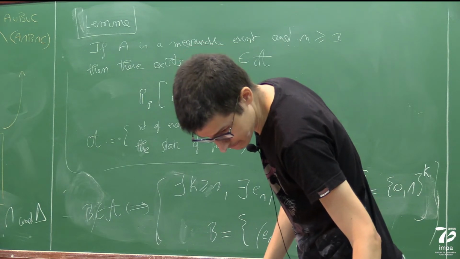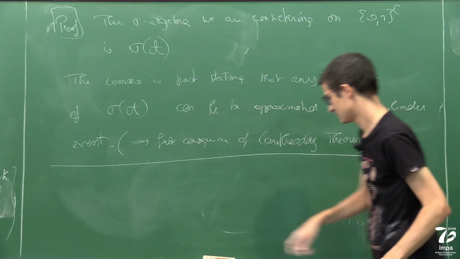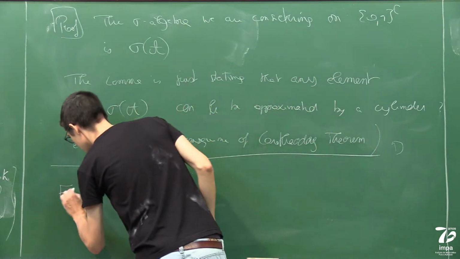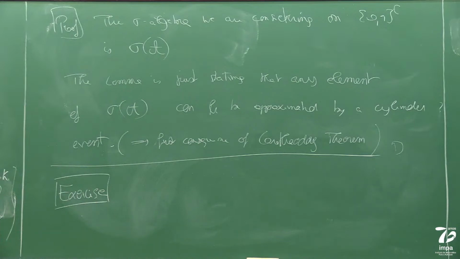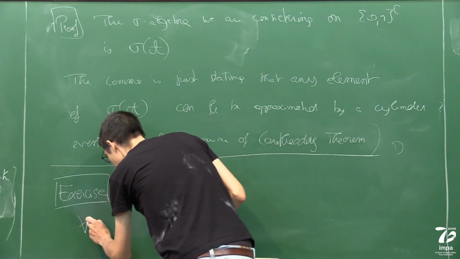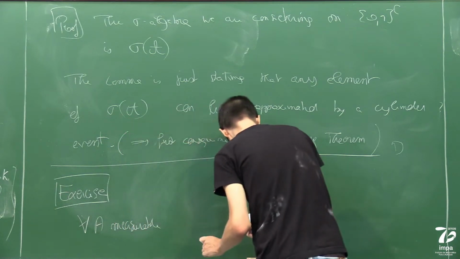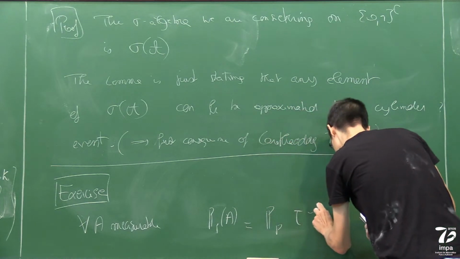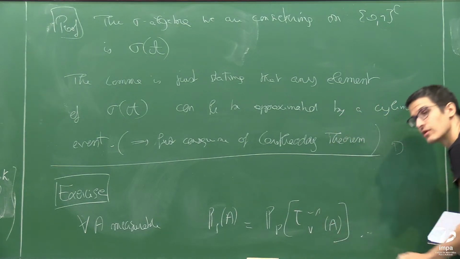So, okay, now comes an exercise, which proves the result that we have used several times until now: for all A measurable, we have PP of A is equal to PP of T^{-1}(A).